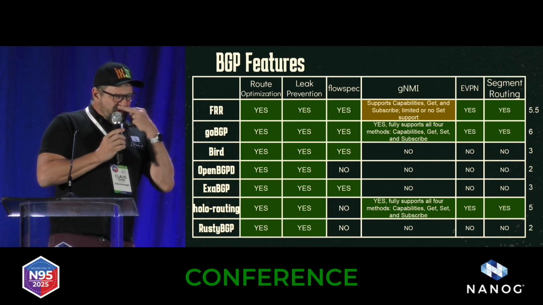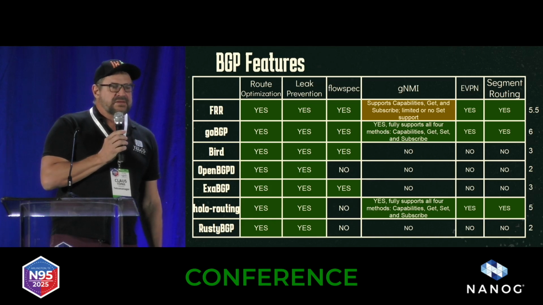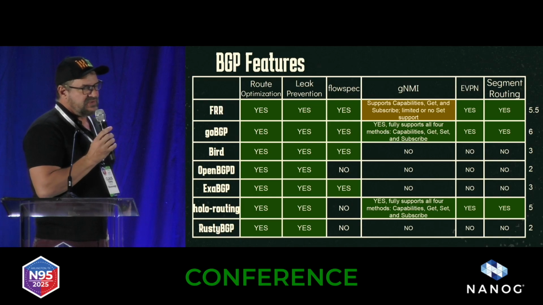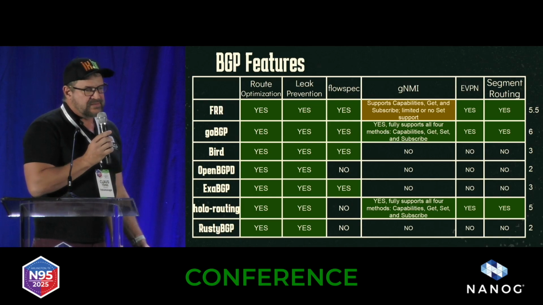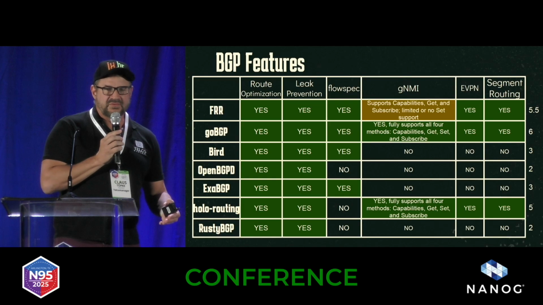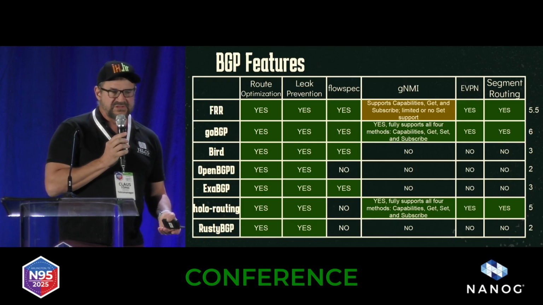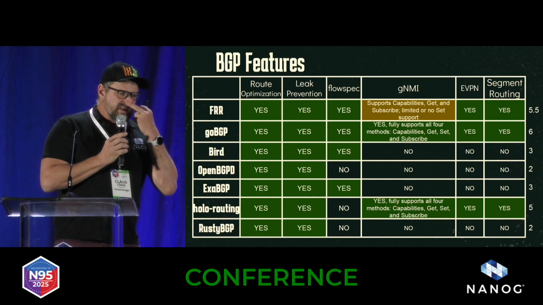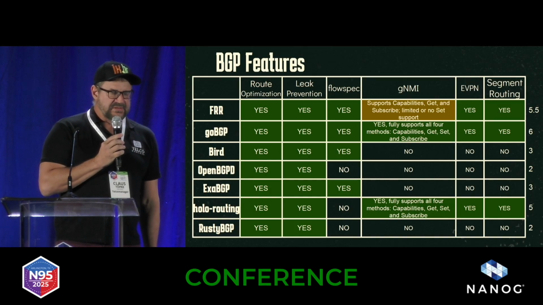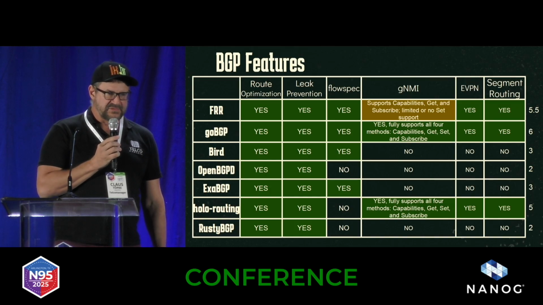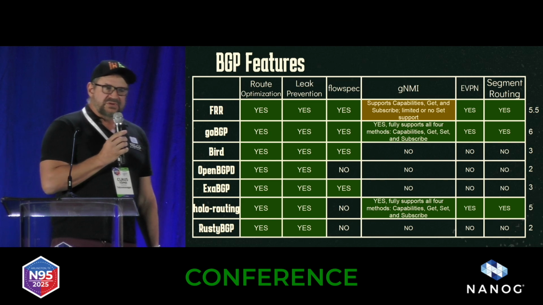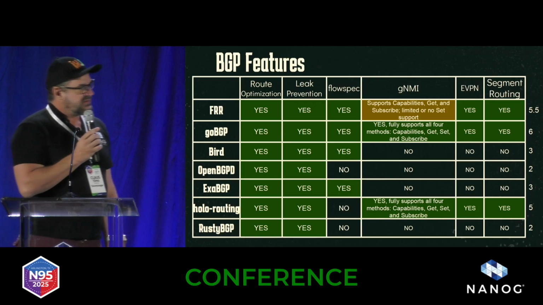For those searches, most of them have leak prevention and route optimization, but FlowSpec doesn't look like it's available in Holo-Routing, RustyBGP, and OpenBGP daemon. The rest have it. And you want that for some sort of steering and probably denial of service mitigation. gNMI I also think is important.